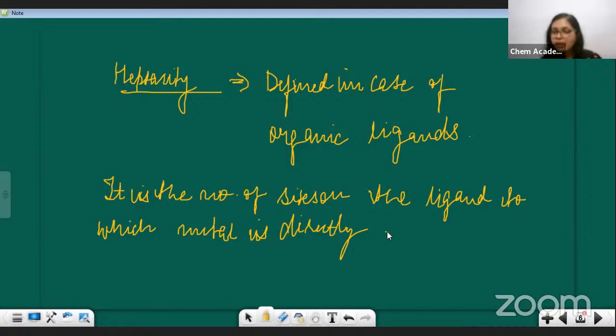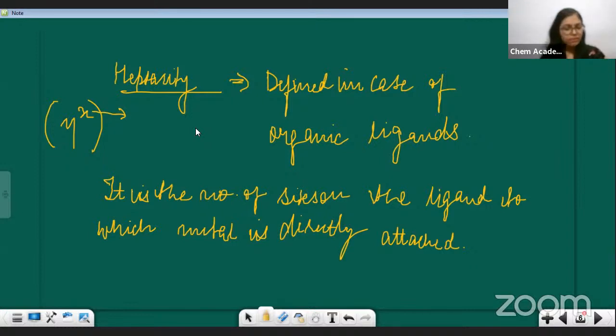Hapticity is actually represented by eta raised to the power x, and this x is the hapticity, or the number of sites to which metal is directly attached on the ligand.